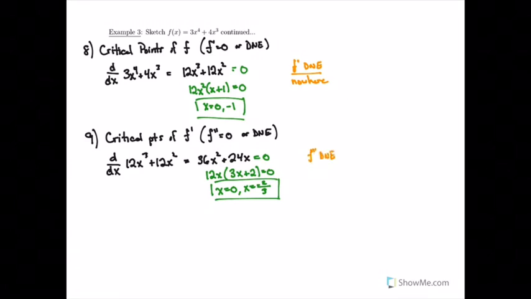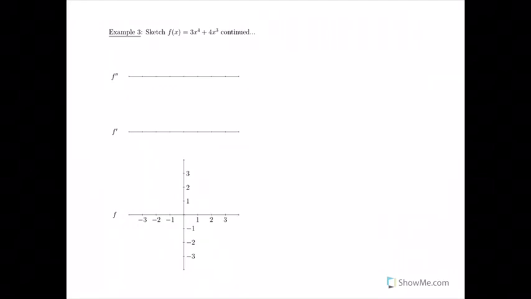Once again, we should think about when the second derivative does not exist. Again, we have a polynomial, so this is going to be nowhere. All right, let's bring everything together here. We have the critical points of f prime, where x equals 0 and x equals -2/3.